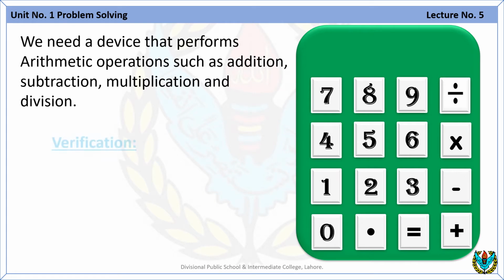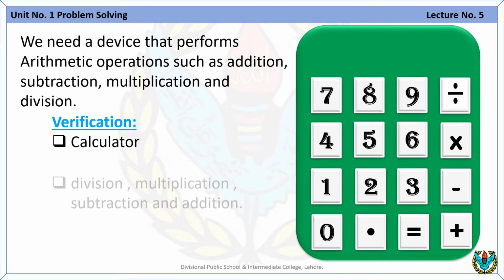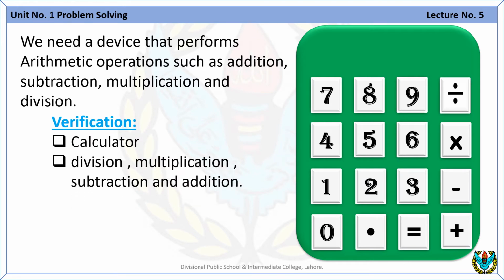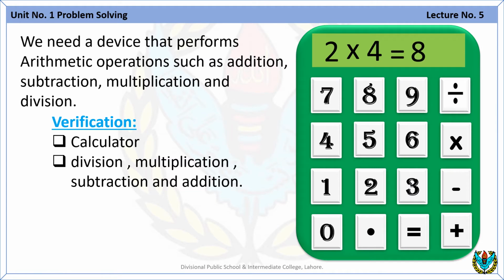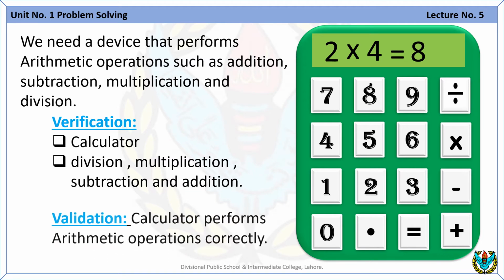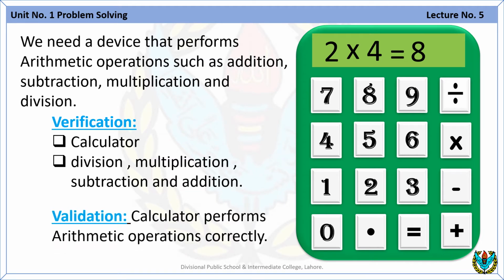So, it is verification that a calculator is a device that solves the problem for which it was designed. Now, we check it by performing a calculation: we multiply 2 into 4, that is 8. So, the calculator performs arithmetic operations correctly. It is validation.